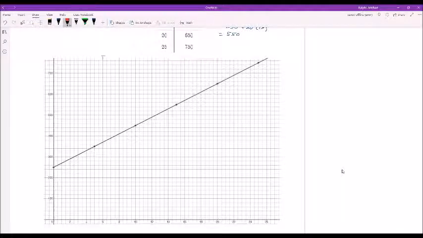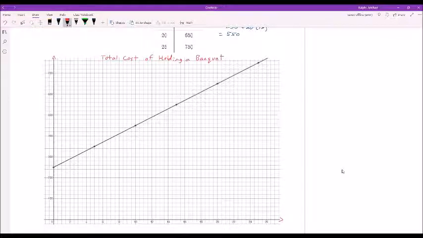So I'll say total cost of holding a banquet. Okay, and that gives us information about the variables, or at least one of the variables. And then when people look at the axes, they'll see the other information about what things we're comparing.